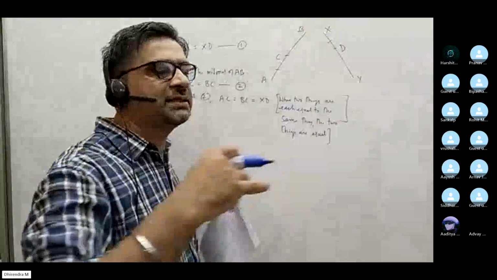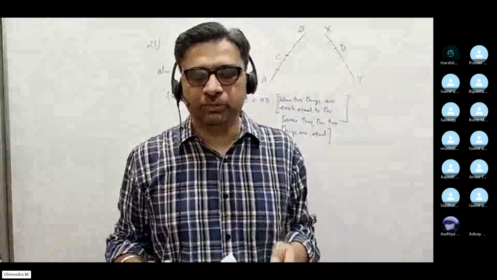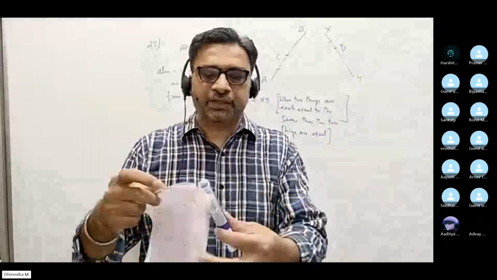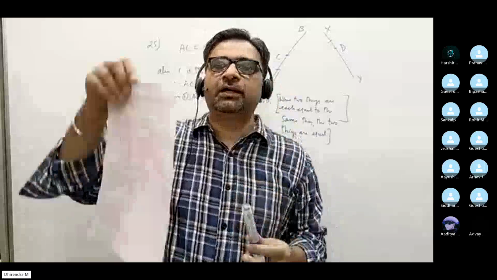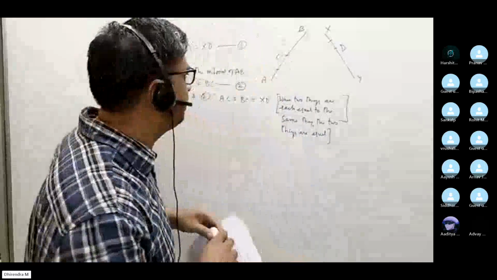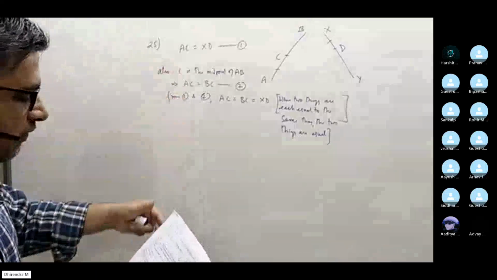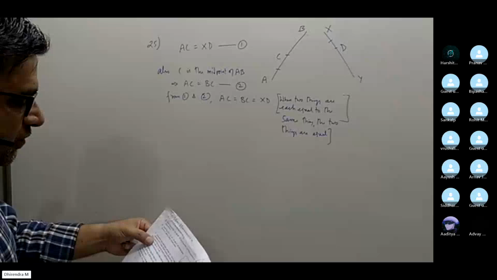Not a big deal, right? If I am equal to X and you are also equal to X, then I and you are equal. If this is equal to the camera and this is also equal to the camera, then both of these are equal. That's what we are actually doing.